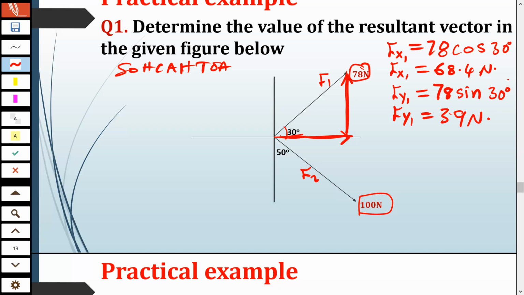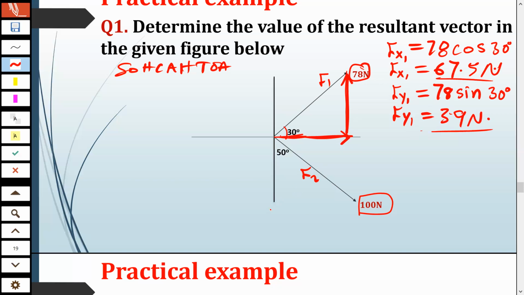This one, I think I've made a mistake. 67, supposed to be 67.5. Okay, so we have this one in the x and that one in the y.